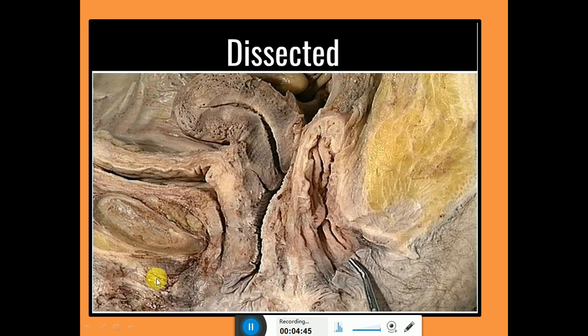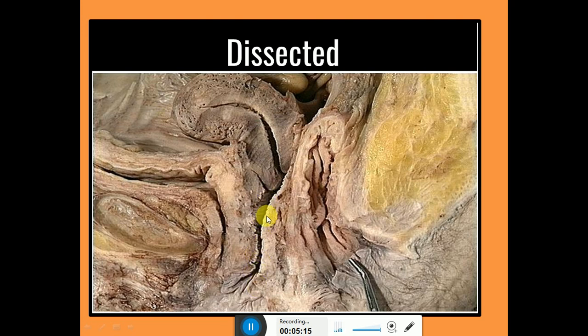This is in the dissected specimen. As you see the anal canal, this is pubic symphysis. This is the anterior portion, and this is the posterior portion. In the anterior portion, behind the pubic symphysis, you can see the urinary bladder. Behind the urinary bladder, this one is uterus, and below the uterus, this part is the vagina.